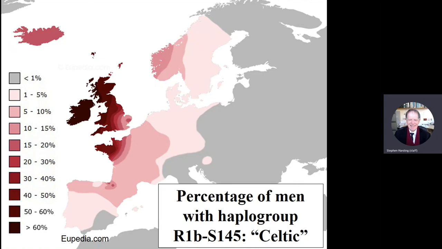So R1b S145, this is what we call a so-called Celtic haplogroup, and you can see why, because the main density seems to come from Ireland. This was where the mutation may have taken place, and as you go away from there, you can see the frequency gets less and less and less.